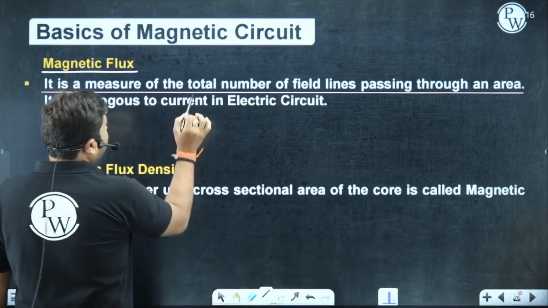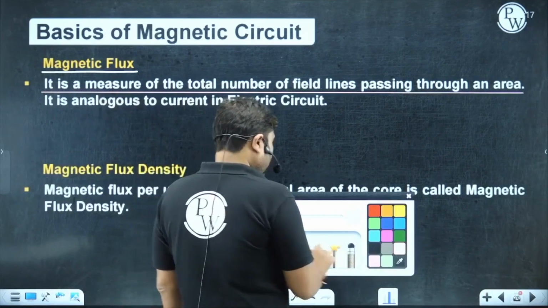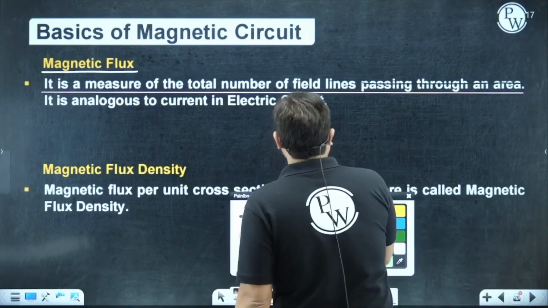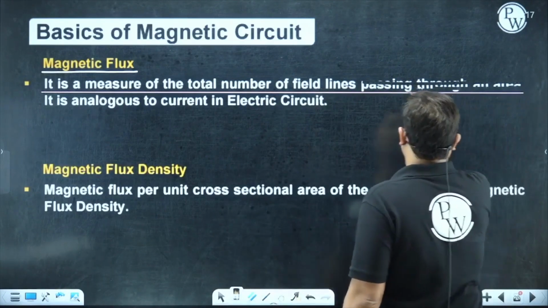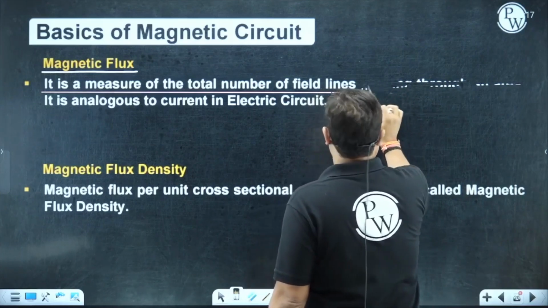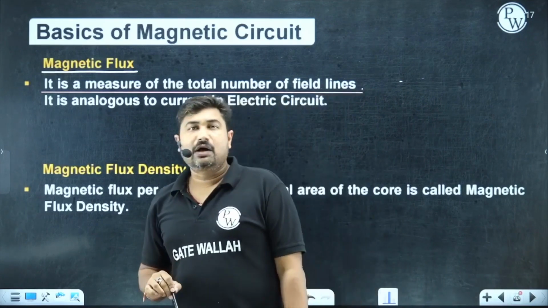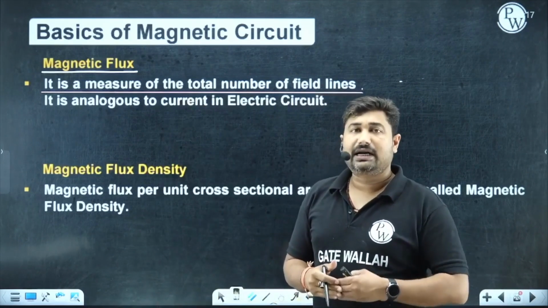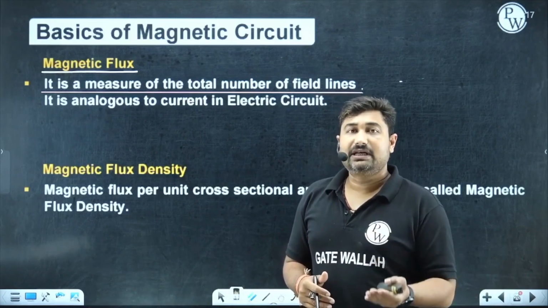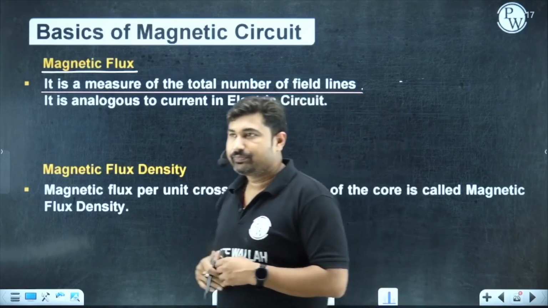It is the measure of the total number of magnetic lines. Just you can write up to this part. It is the measure of the number of field lines. It is analogous to current. It is similar to electric current in an electric circuit. Like electric current in an electric circuit, similarly in a magnetic circuit there will be a magnetic flux. Okay, great, sir.